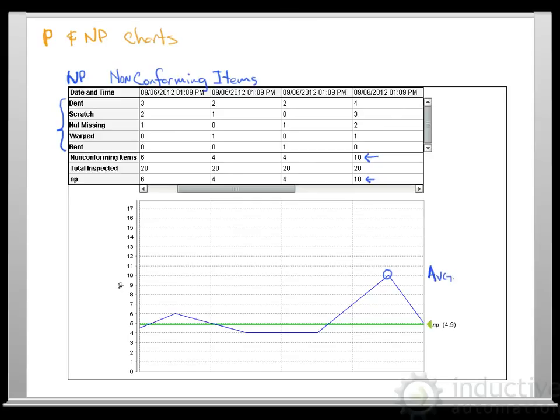So that's the average non-conforming items. We can watch that average over time and see if it's increasing or decreasing and get an idea of whether we're seeing things change.